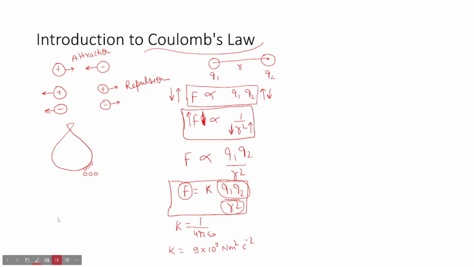The value of epsilon naught is equal to 8.85 into 10 to the power minus 12 coulomb square per meter square per Newton. Epsilon naught is also a constant. It is known as the permittivity of free space.